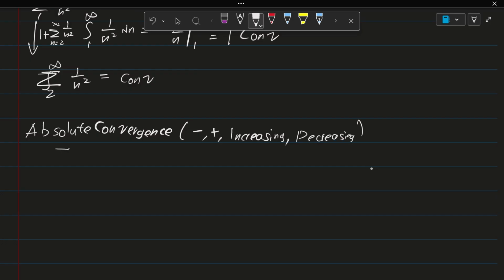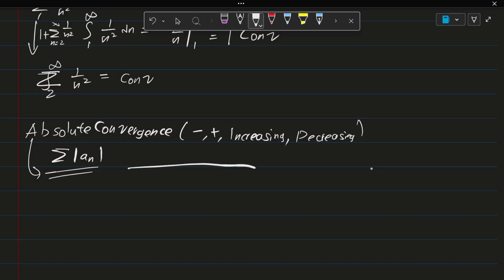You just take the sum of the modulus, and then you check if it is convergent or not. If it is convergent, it will be called absolute convergence. And this gives you an idea that your series without the absolute value is also convergent. And let me tell you why.